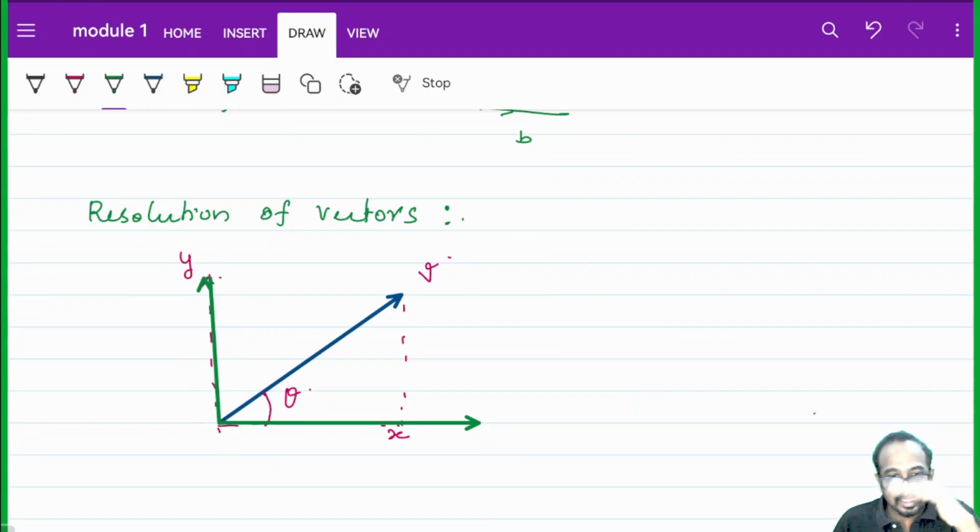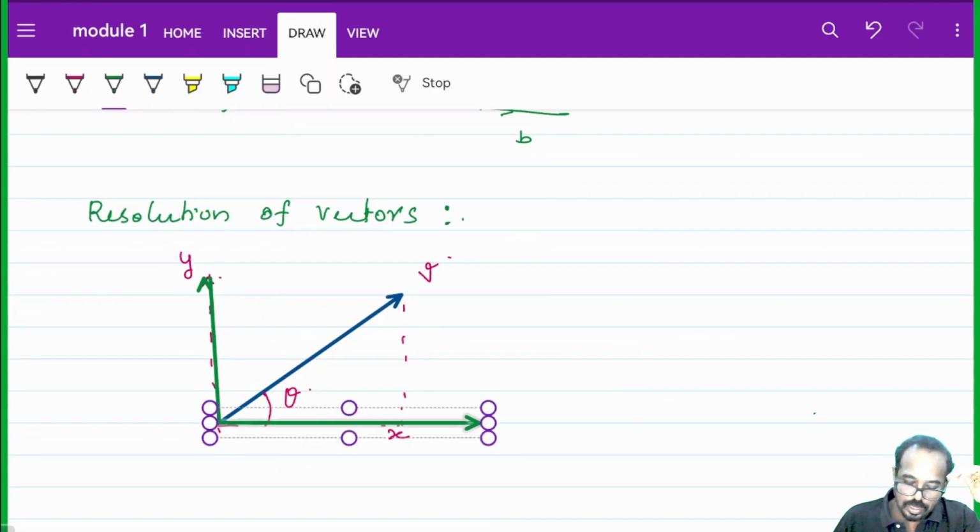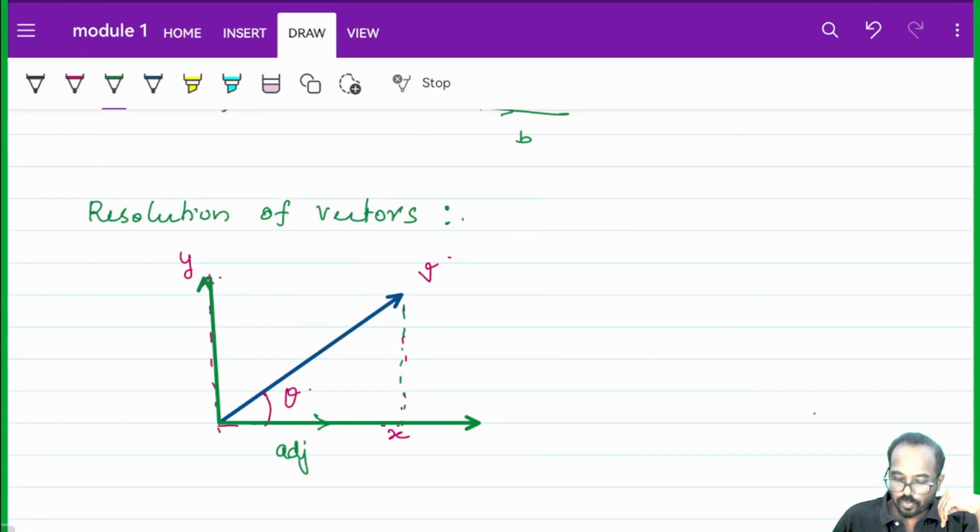If you want the x-axis component, you need to consider this triangle, including this angle theta. The x-axis is the adjacent side of the triangle, right? If the adjacent side is your requirement, then it will be the cos component. So V cos theta will come along this axis.